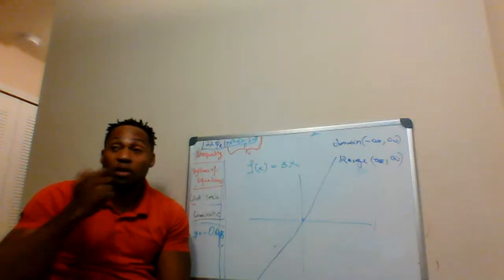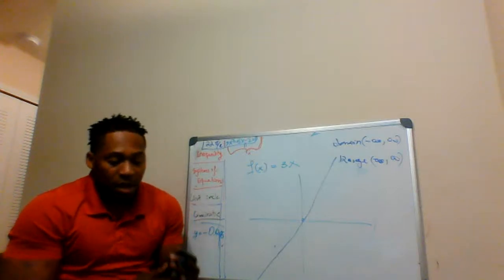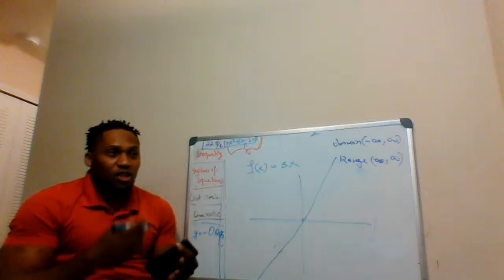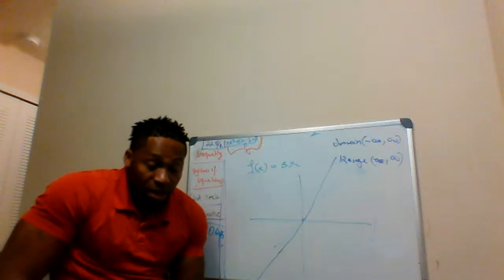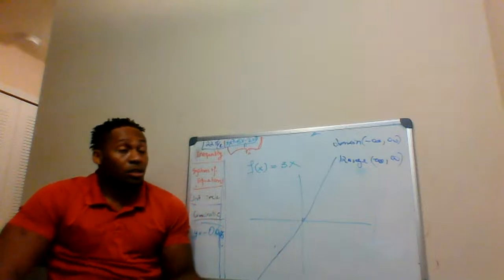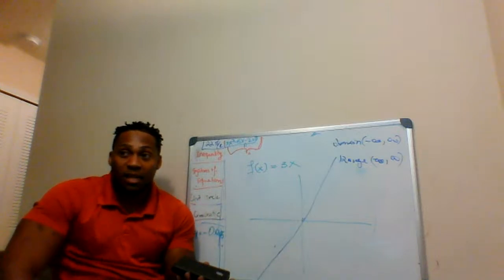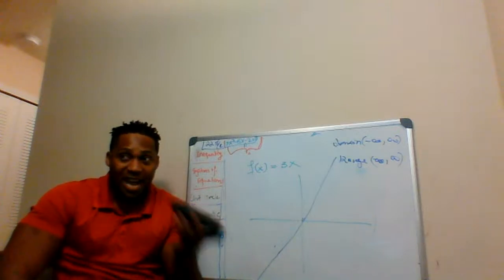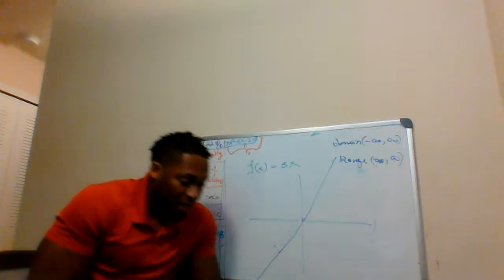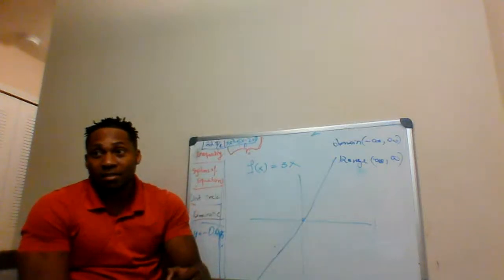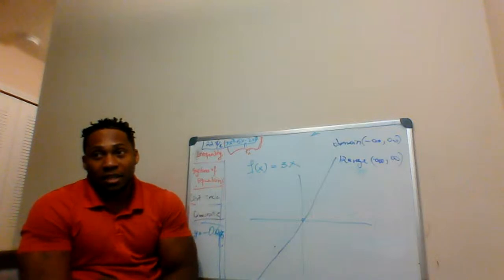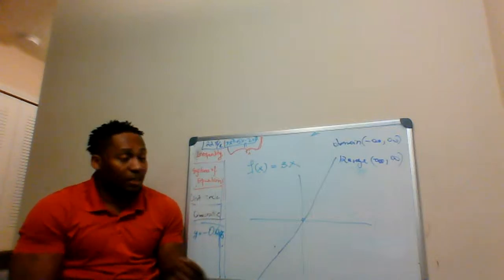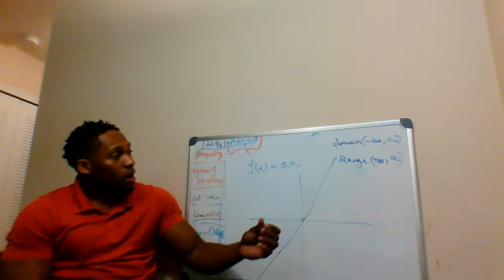You can take 0, but no negative values underneath the square root. Think about anything that you know cannot exist. If you're inside of a log function, you say no negative values inside the log function. If you go to your calculator and plug in 5 divided by 0, it's going to say undefined. It does not exist.